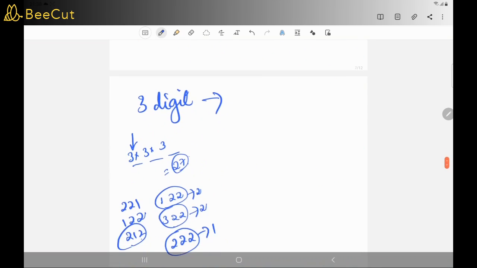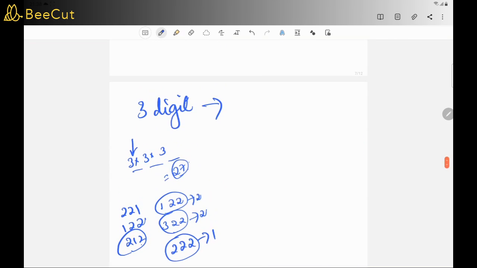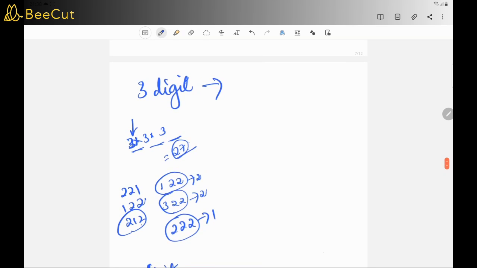Now for a 3-digit number, we have 3 options to fill this place, 3 options to fill this, 3 options to fill this place. So we will have 27 such numbers. However, there will be numbers that contain consecutive 2s. 2 to 1, this combination will have 2 such numbers, 3 to 2, this will also have 2 such numbers.